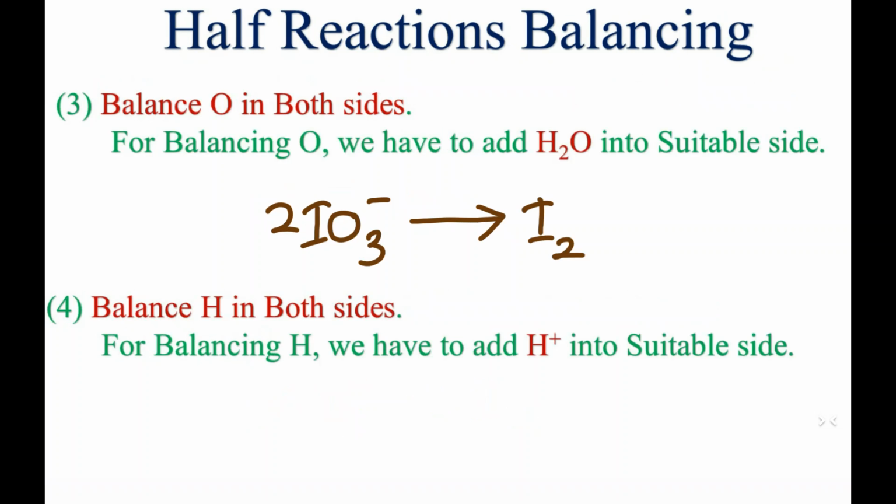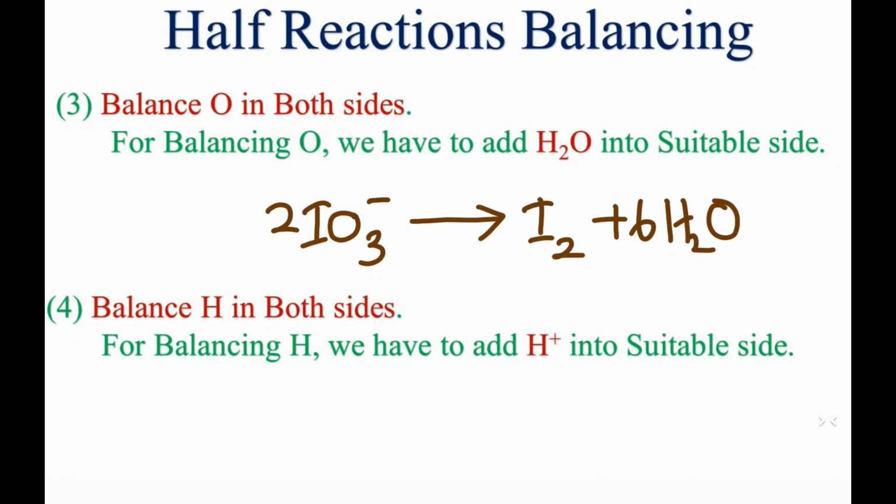Now we need to balance the number of oxygens. For balancing oxygens we have to add H2O. On the left side you can see there are 6 oxygen atoms, so we have to add 6 H2O molecules to the right side. Thereafter we have to balance the number of hydrogen on both sides.